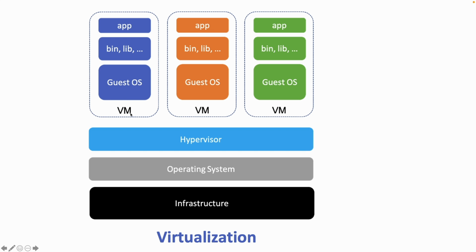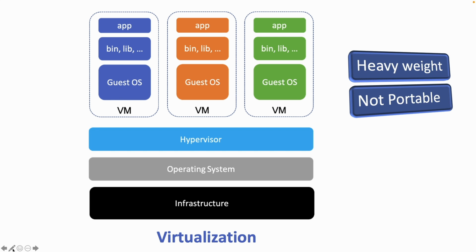Suppose in VM1 you are running Windows, in VM2 you are running Linux, and in VM3 you are running Mac OS. So you can observe here that on top of this main OS, you have installed three OS in three different virtual machines.